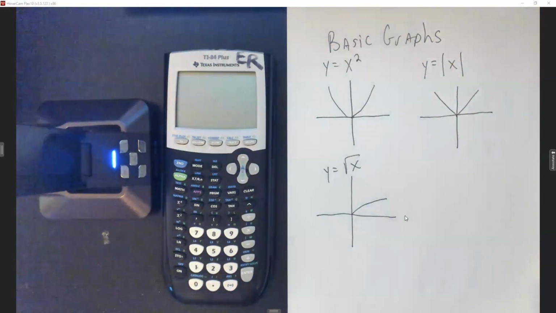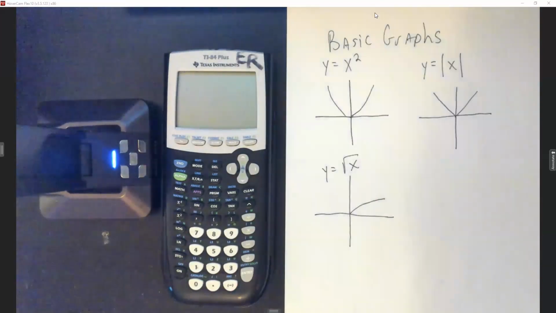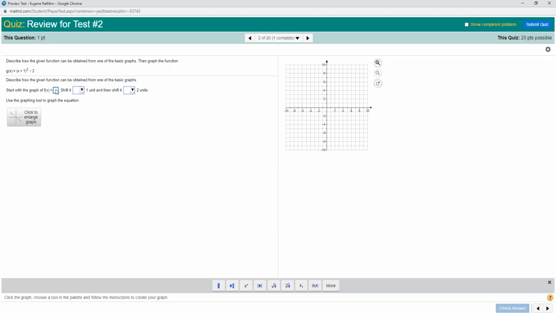So the ones y'all got to worry about when they ask that question on this one I was doing, let me go back to it for you. So this part where it says start with the graph of f of x equals blank, that needs to be one of those basic graphs. So since you see the exponent 2 here, you want this to be the x squared graph.